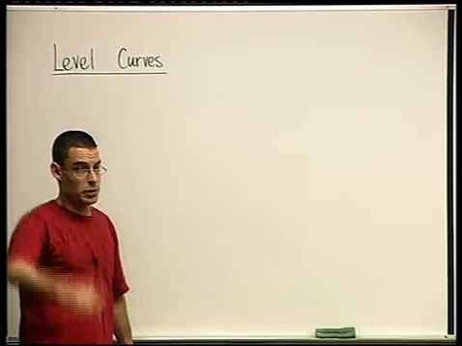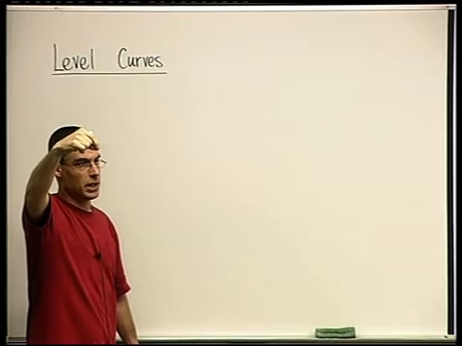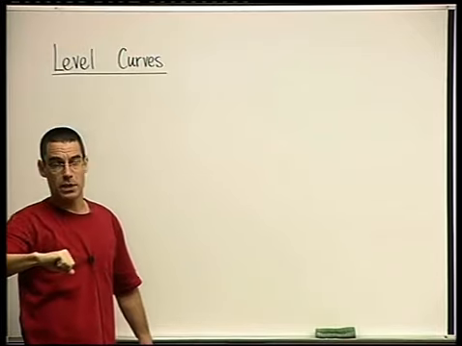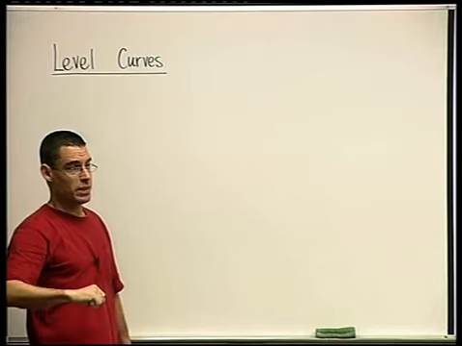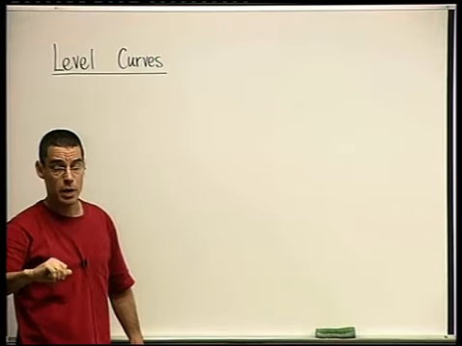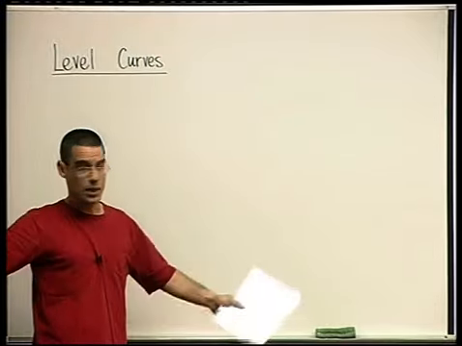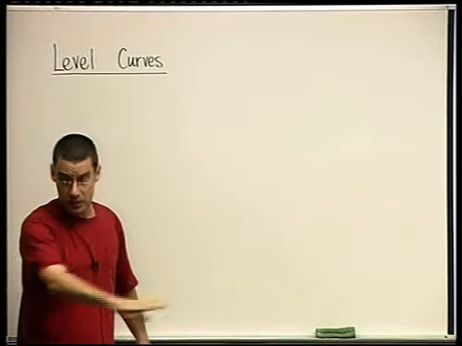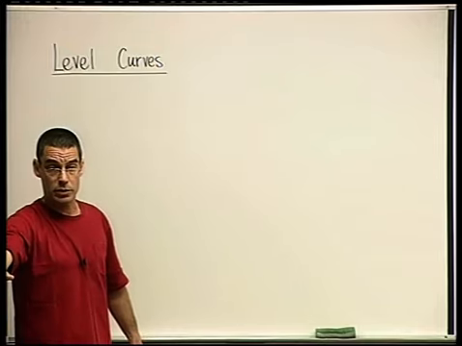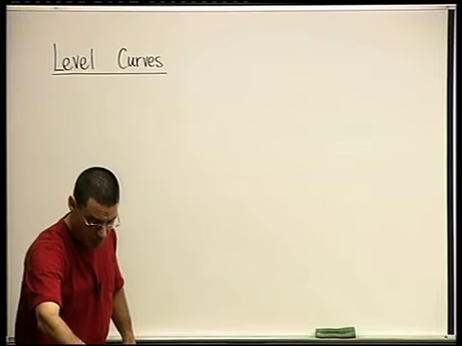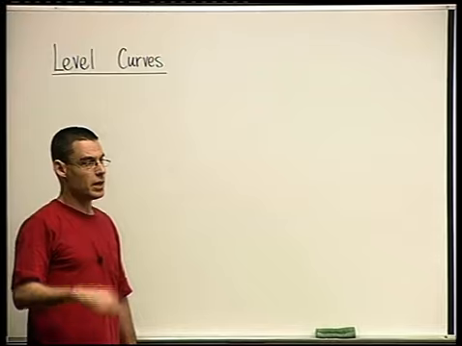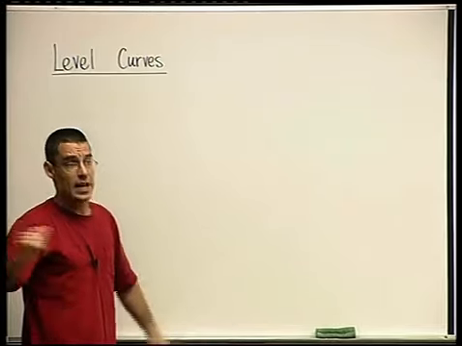If you're on a big mountain, the function is going to give you, let's say, 5,000 meters, or translate that to feet, whatever you're used to. And if you're on a little hill, it's going to be maybe 200 meters, like here in Haifa. Or if you're at sea level, it's going to be 0 meters. The function gives you at every point the height of Earth's surface at that point.